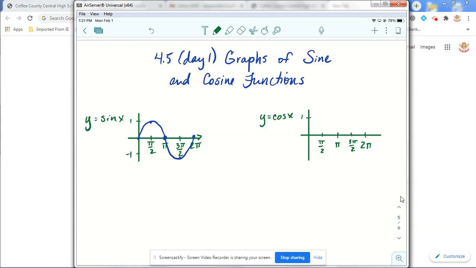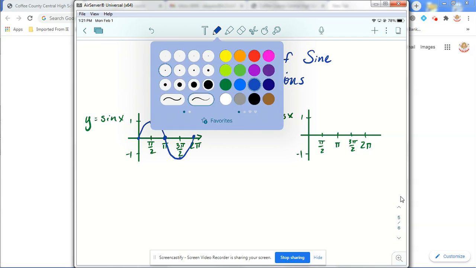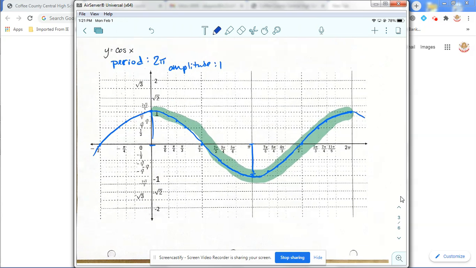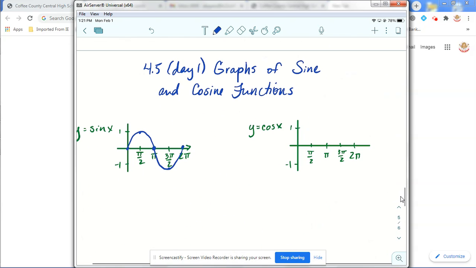And this particular graph has an amplitude of 1. Now, if you remember for the cosine curve, we don't start at 0 at the beginning of the period. We start up at a maximum at 1. All right, and then we get an x-intercept, and then a minimum, and then x-intercept, and then a maximum.